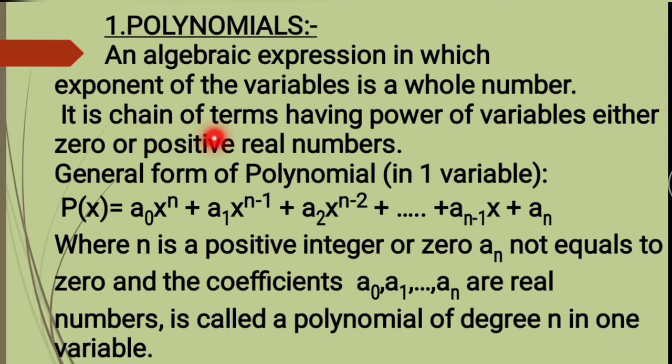It is a chain of terms having powers of variables either 0 or positive integers. The general form of a polynomial in one variable is a0 plus a1 x plus a2 x square and so on up to an x power n, where n is a positive integer or 0, an is not equal to 0, and the coefficients a0, a1, up to an are real numbers. It is called a polynomial of degree n in one variable.